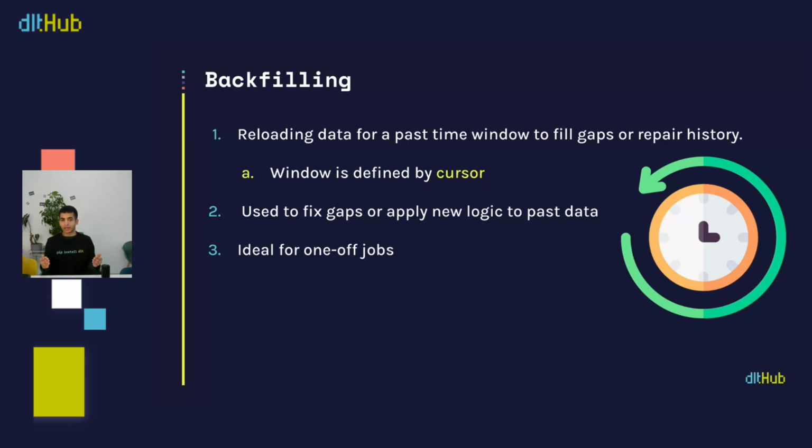Backfilling is a great way to remedy those issues. Unlike incremental loading, which you would likely perform repetitively, backfilling is more suited for one-off jobs. Basically, it's not something that you would do over and over. Instead, once you have addressed all the gaps in your past data, you can disable backfilling.